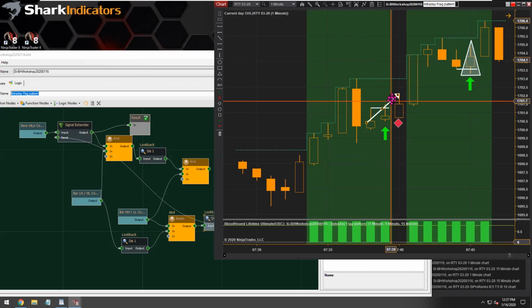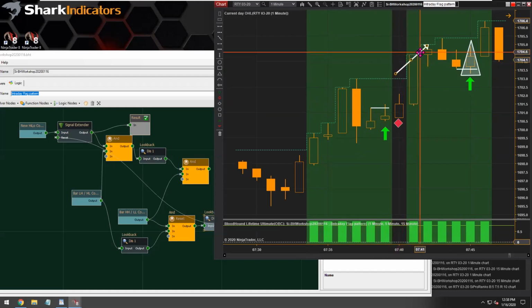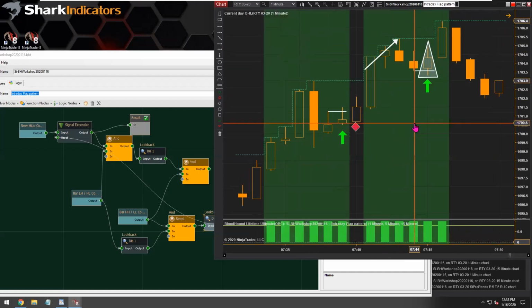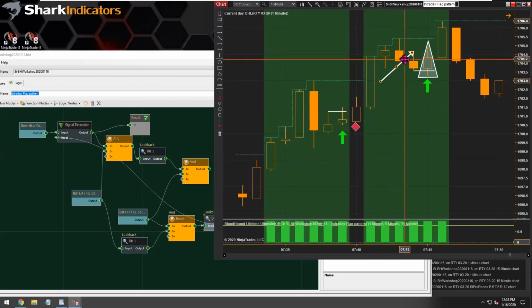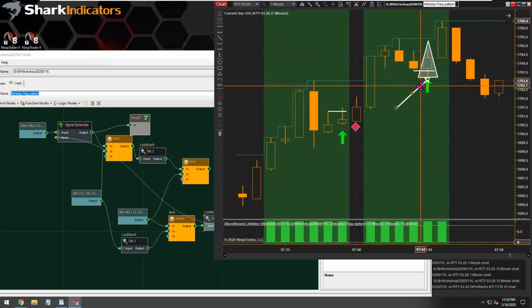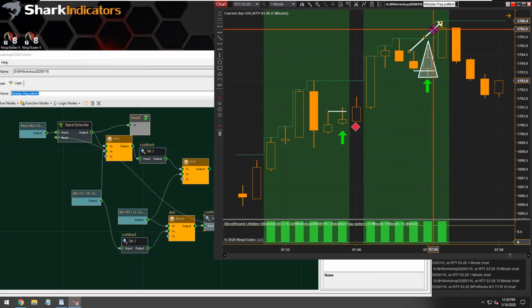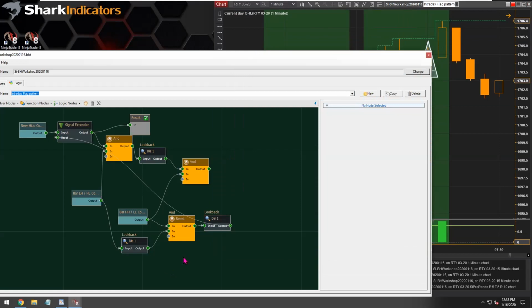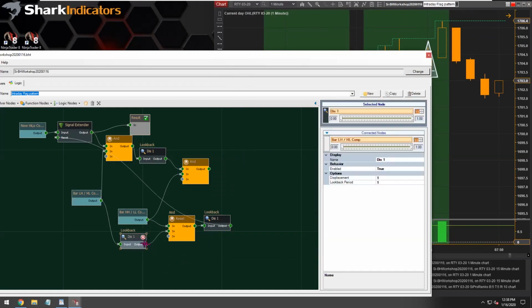And then the signal extender turns on again once we get a new high. A new high. So there we go. So we had bars going lower, we had a signal bar, but then the signal extender would turn off, but we had a new high made. So the signal extender got turned back on right away again. So there we go.